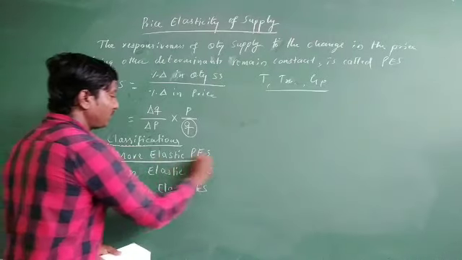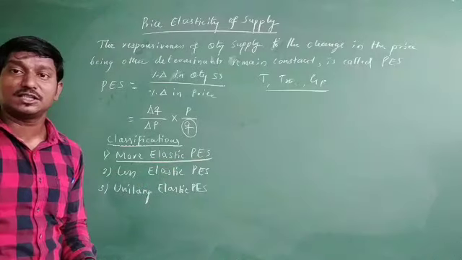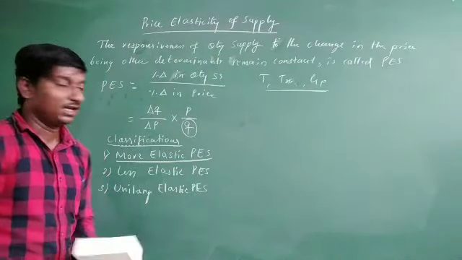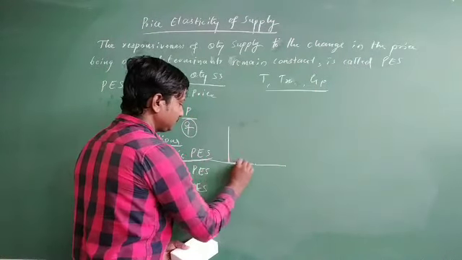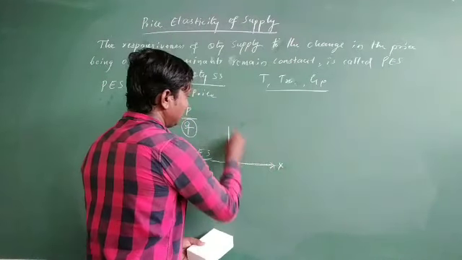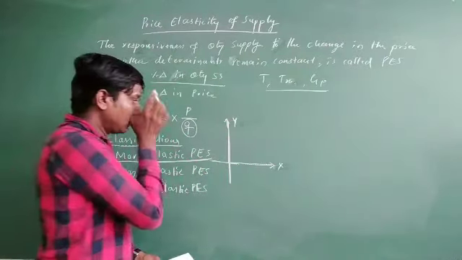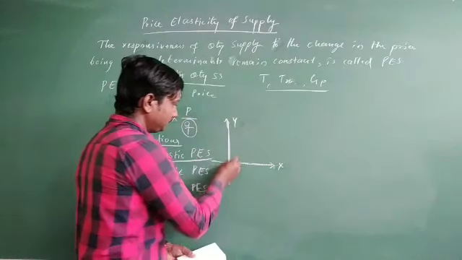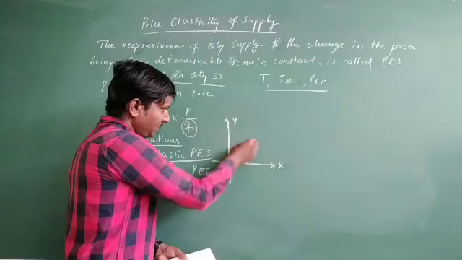If I come to the first one, in the name itself we are going to discuss what this more elastic is. More elastic means more change in the quantity supply from the basic. If I draw a diagram here, this is a graph, the Y axis, and this is the OX axis. Here you see this is O, this is the basic.